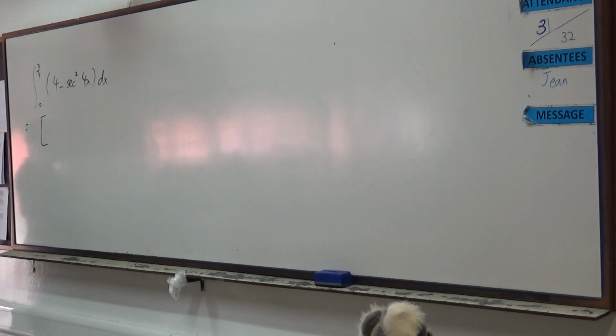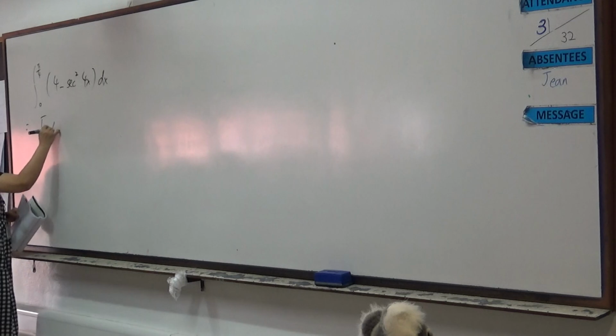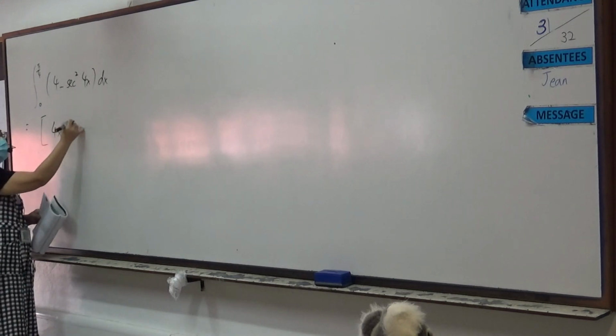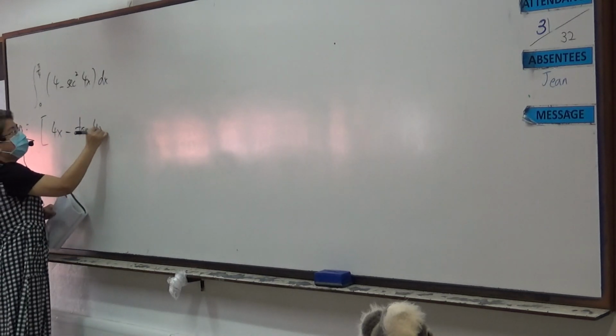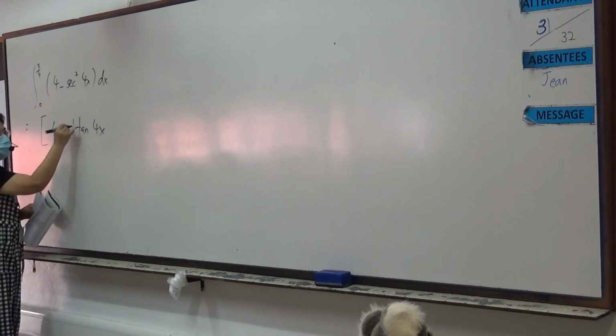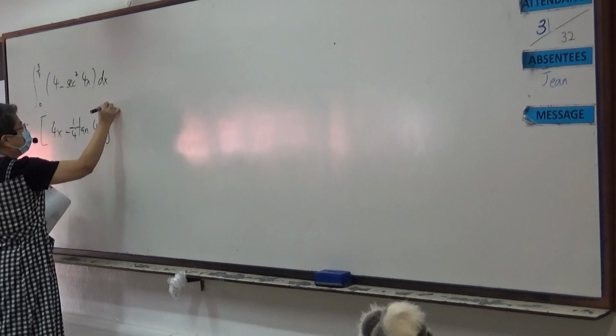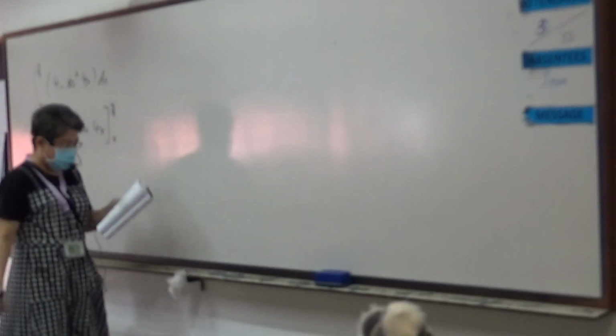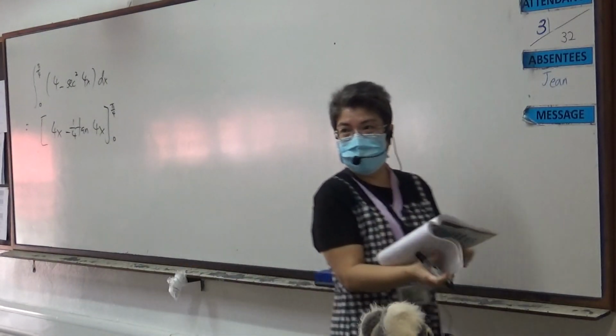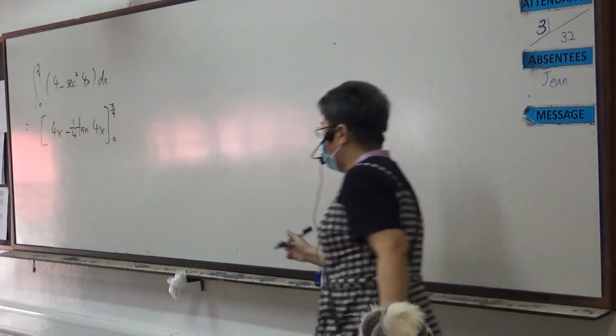Now, let's integrate this first. Don't copy. Tell me, what's the answer? 4x minus tangent 4x, then 1 over 4, right? Correct. Then I have pi over 4, 0. Everybody okay? Then I'm going to sub in.